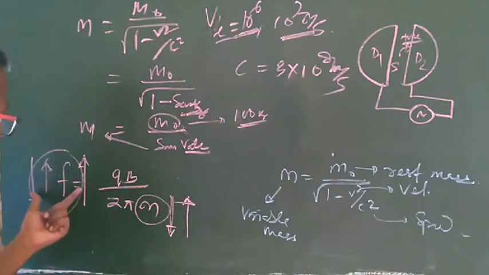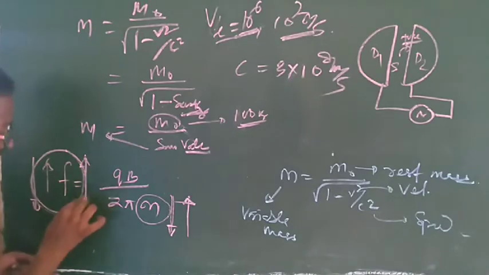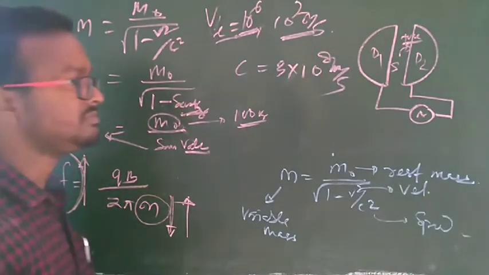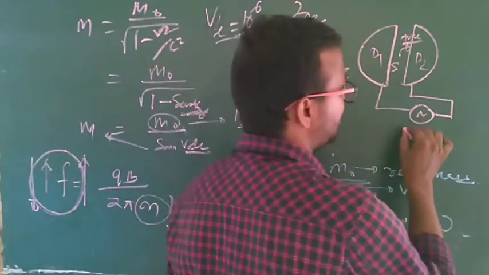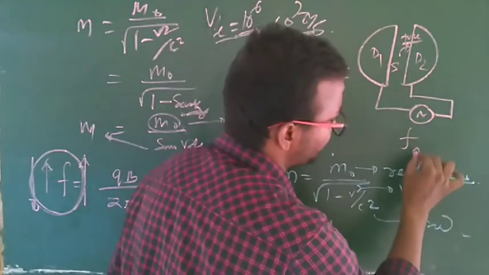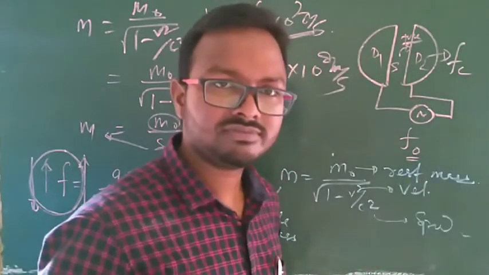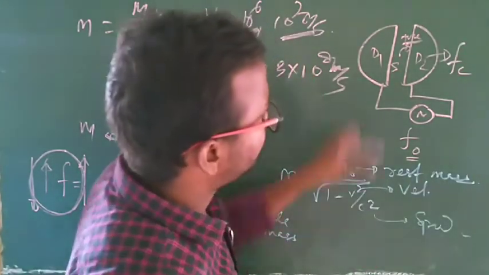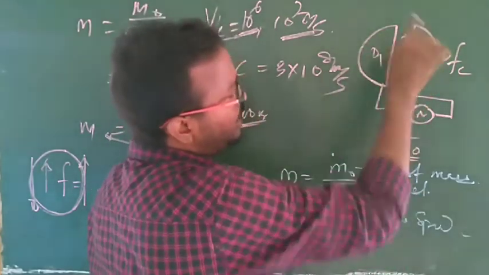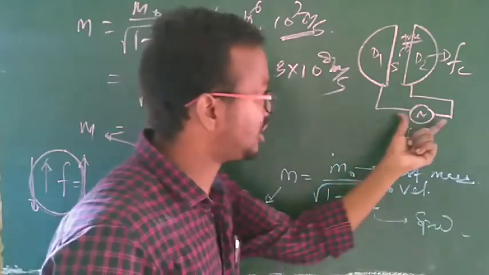Okay. If the frequency of the charged particle changes, then this is the oscillator frequency, but here we use the frequency of the oscillator which is equal to the frequency of the charged particle, because the time taken by the charged particle to complete one revolution is equal to the time taken by the oscillator.